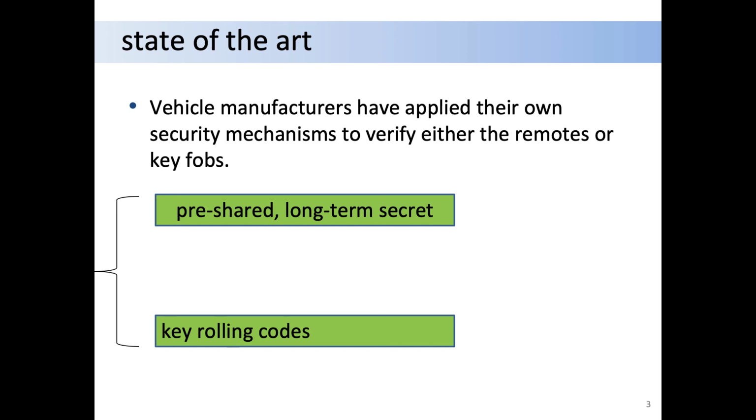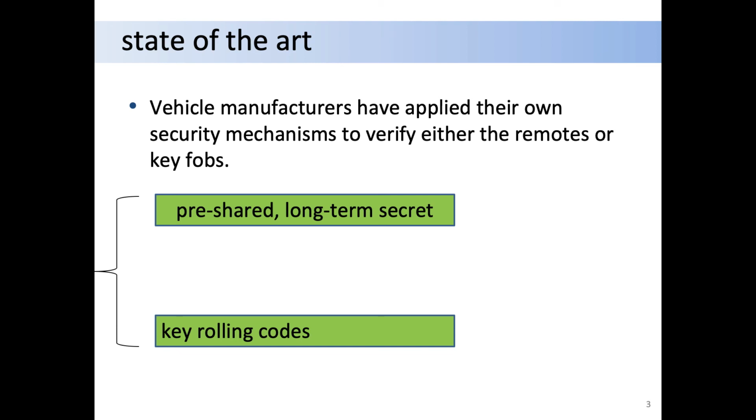Now let's see the state of the art. That is, the mechanism behind the keyless system. There are two methods. The first is a pre-shared long-term secret.